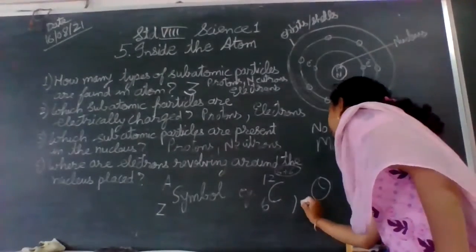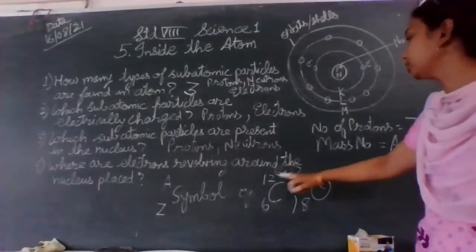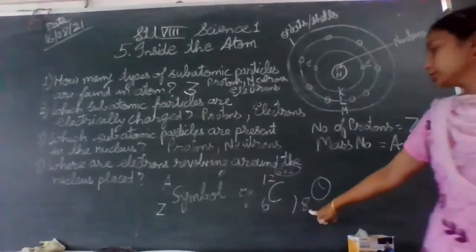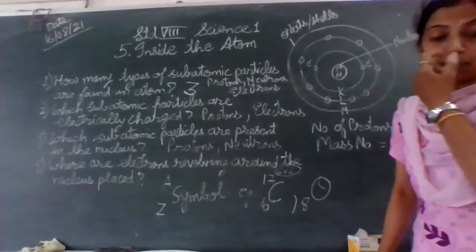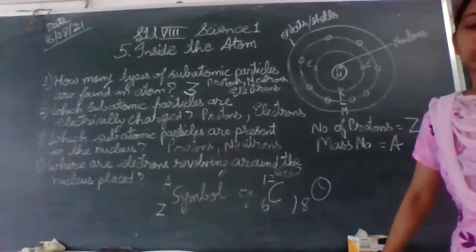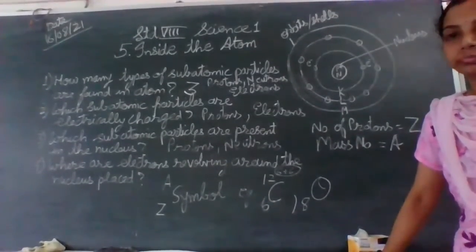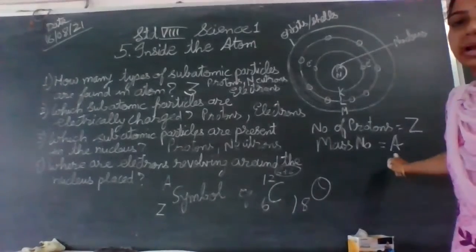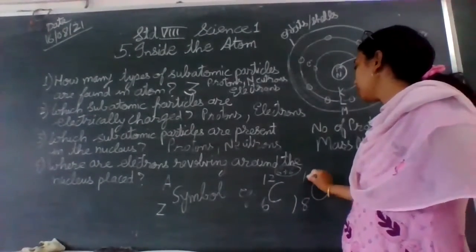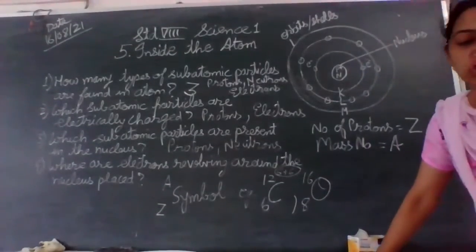So 8 should be written as the number of protons, that is Z, and the number of neutrons is also 8. Therefore, the atomic mass number A will be written at the top, and 8 plus 8 is 16. Everyone knows that.